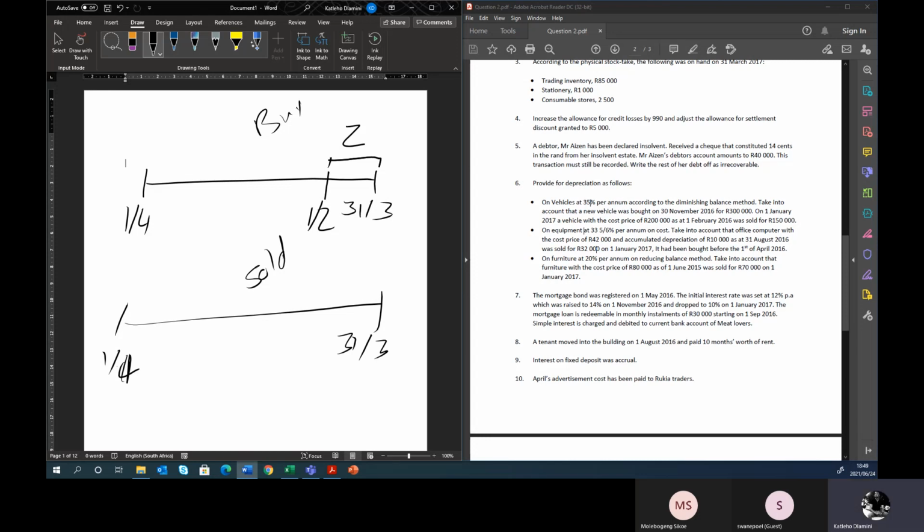Then you sold it on, let me see. Okay, the 1st of January, that's when you sold it. A vehicle with the cost price of that was sold for 150,000.